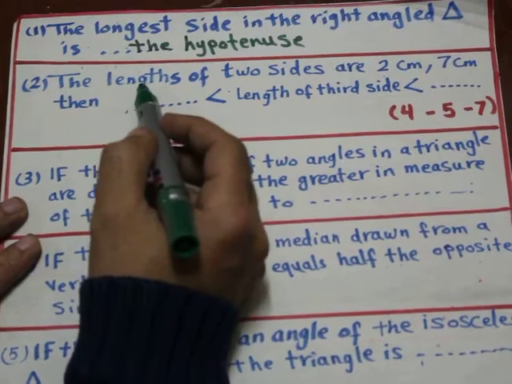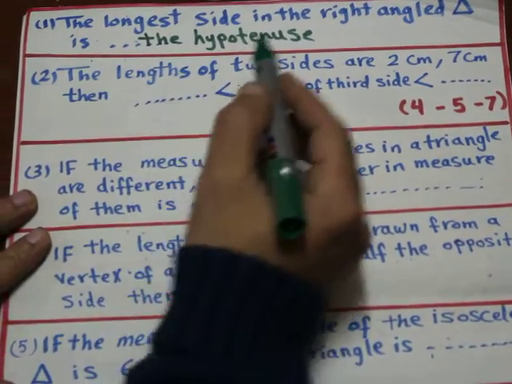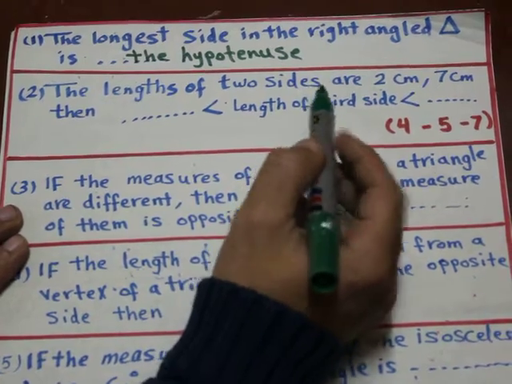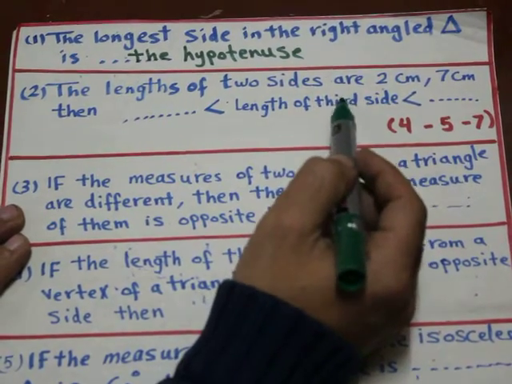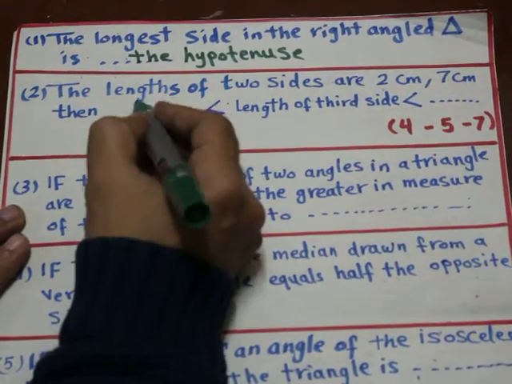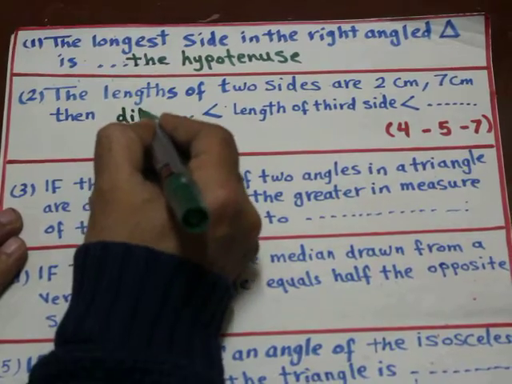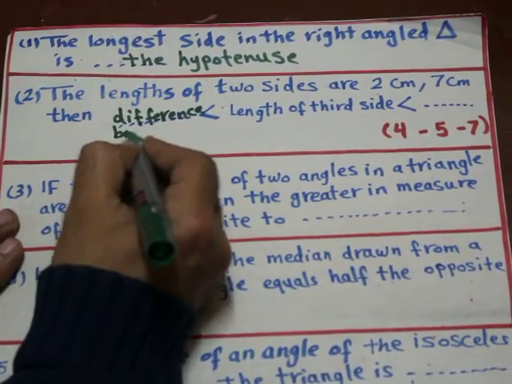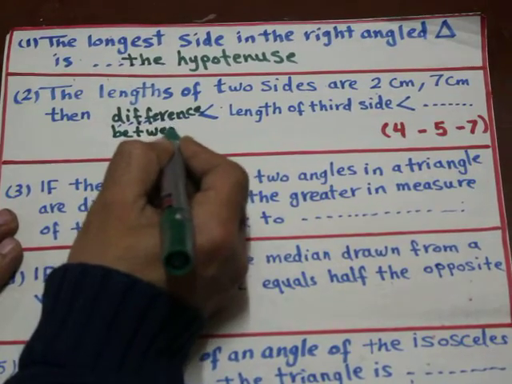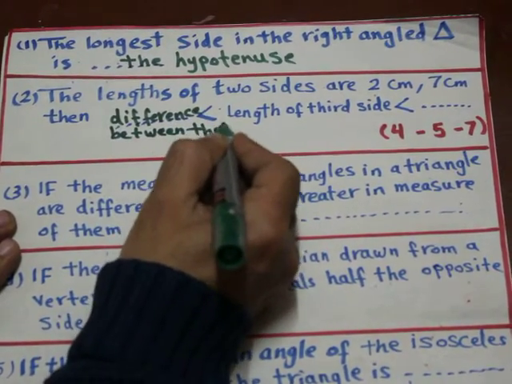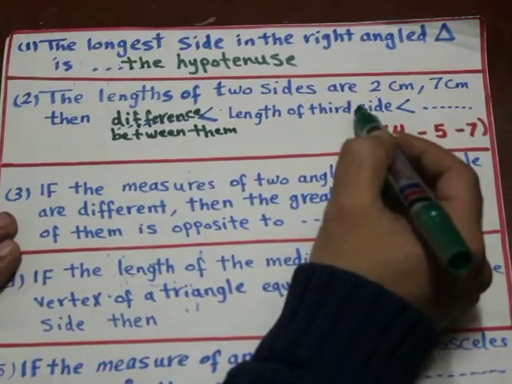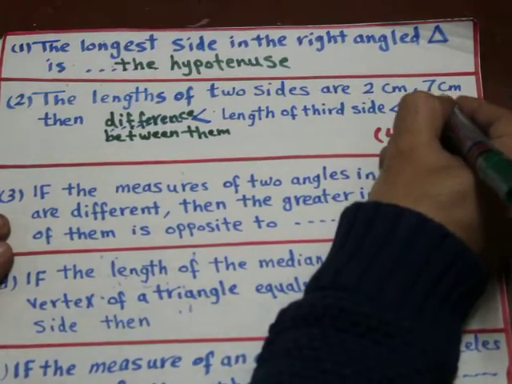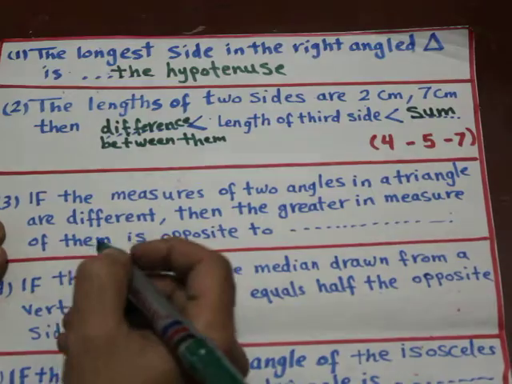We know that if we have the lengths of two sides in a triangle, the length of the third side must be greater than the difference between them, and the length of the third side is smaller than the sum of them.